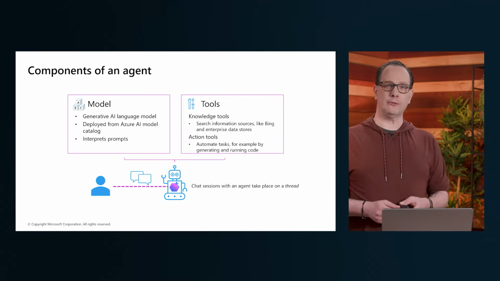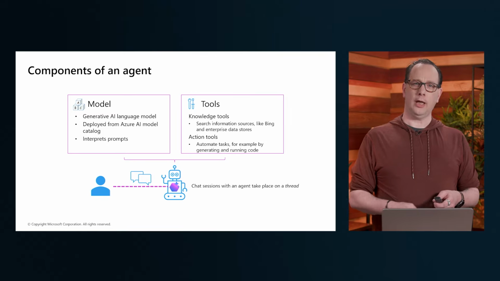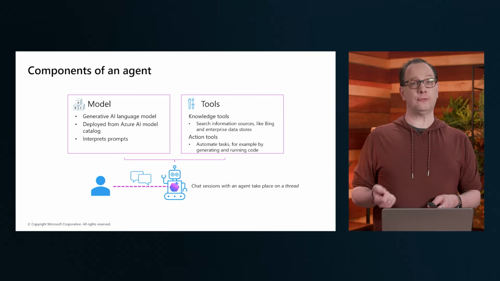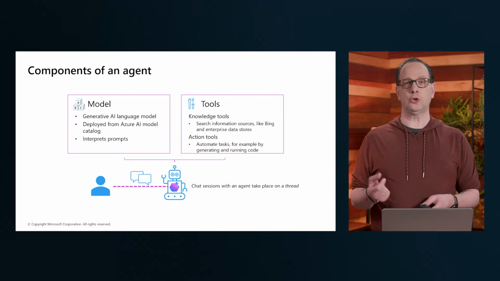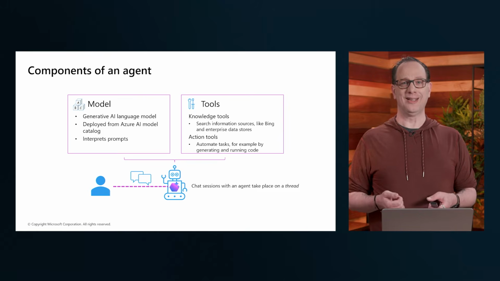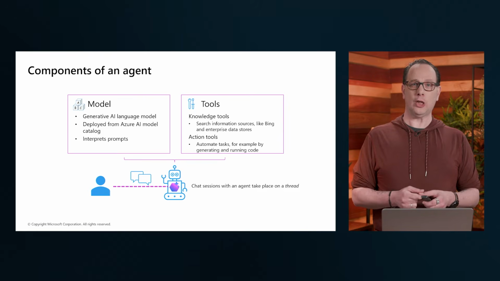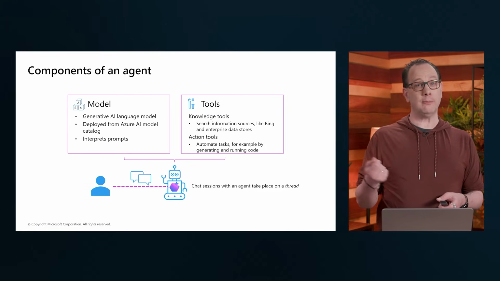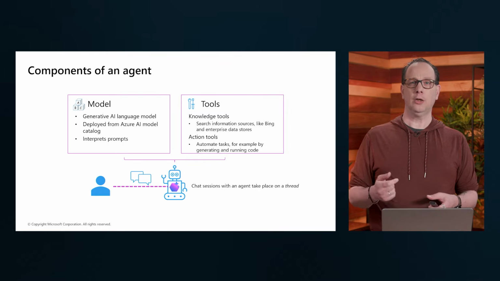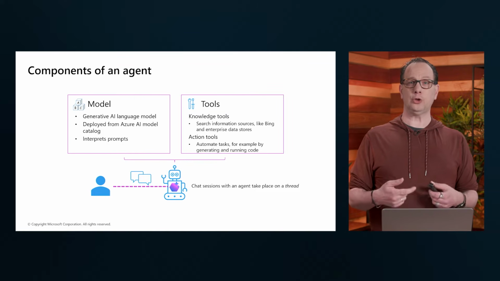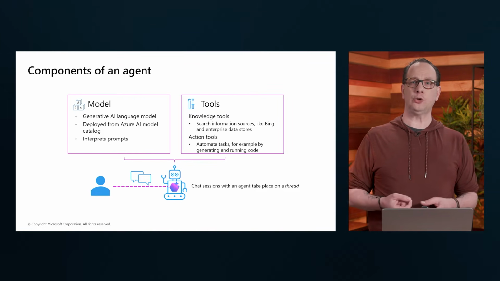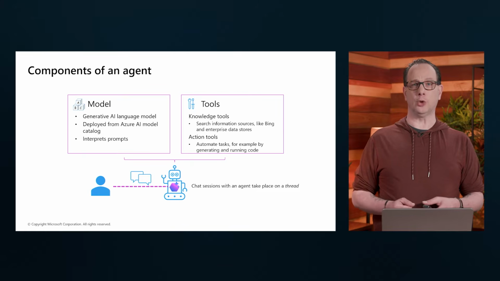And then next we also have action tools. Action tools are programmatic functions that enable the agent to automate actions. Built-in tools to access knowledge in Azure AI Search, and maybe again Bing as an example, are provided, as well as code interpreter tools that you can use to generate and run Python code.